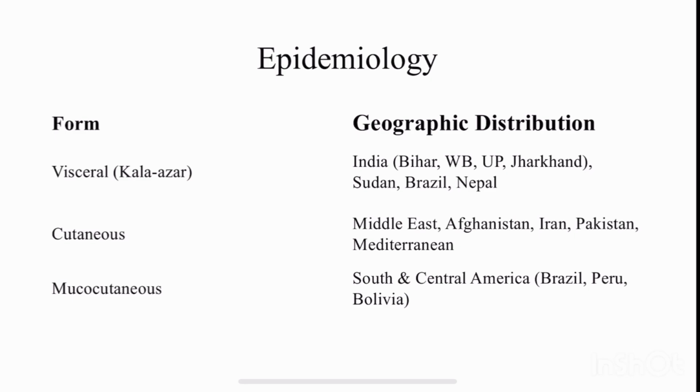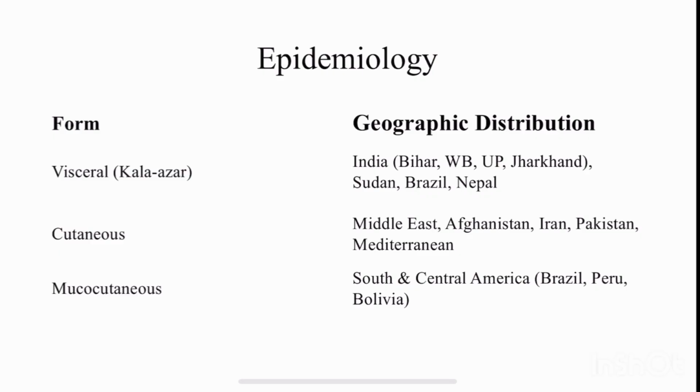So talking about the epidemiology. As we discussed, the main forms that we have to remember are visceral leishmaniasis, cutaneous leishmaniasis, and mucocutaneous leishmaniasis. Now visceral leishmaniasis, in some parts of the country, specifically in India, is known as kala azar.